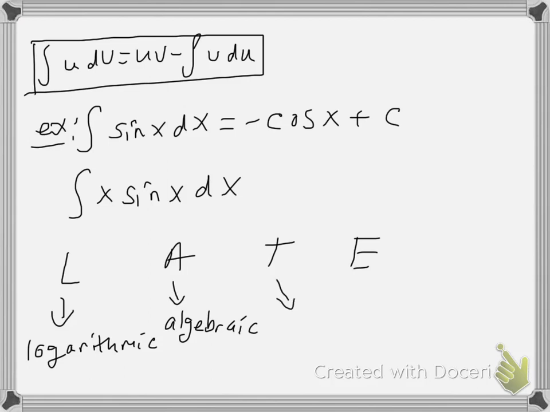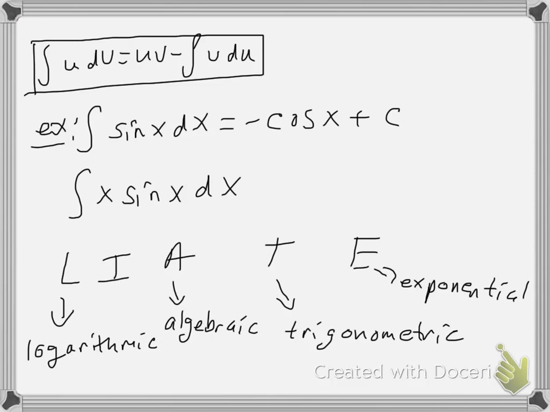T stands for trigonometric. And E stands for exponential. We also have to include a letter I in here, and I stands for inverse trigonometric.